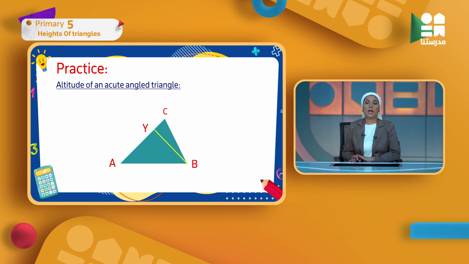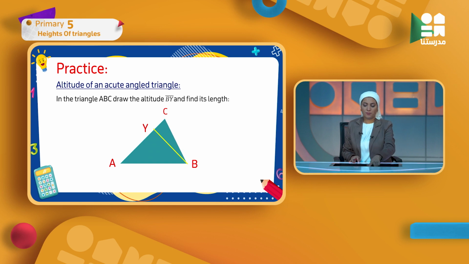Here BY is my altitude in the triangle ABC when I need to drop an altitude from the vertex B. I want to measure it. BY, after we measure it with the ruler, it will be 4 centimeters.